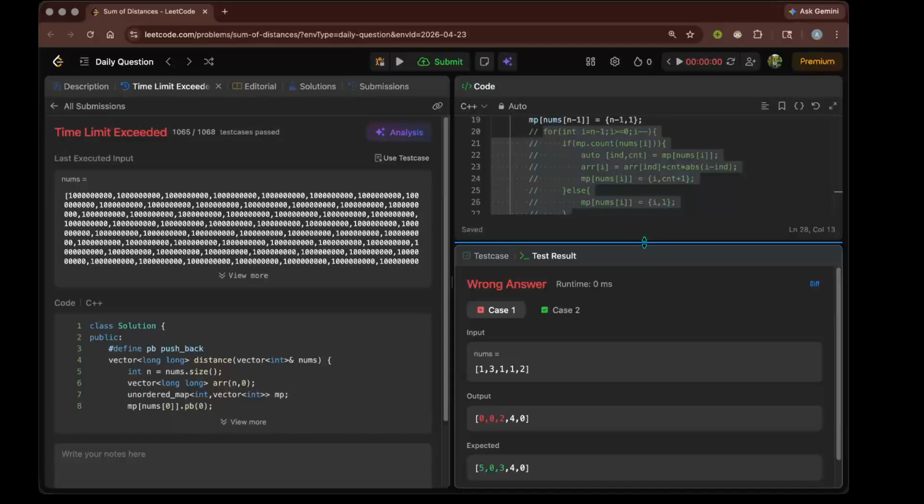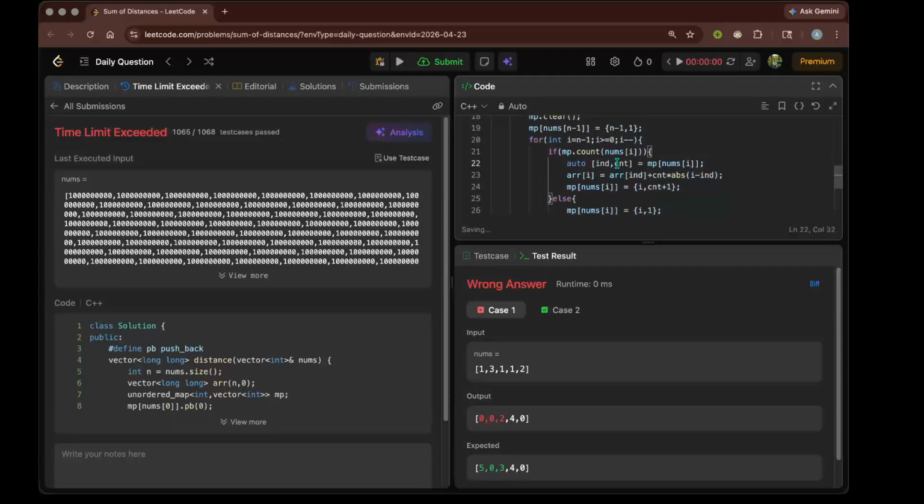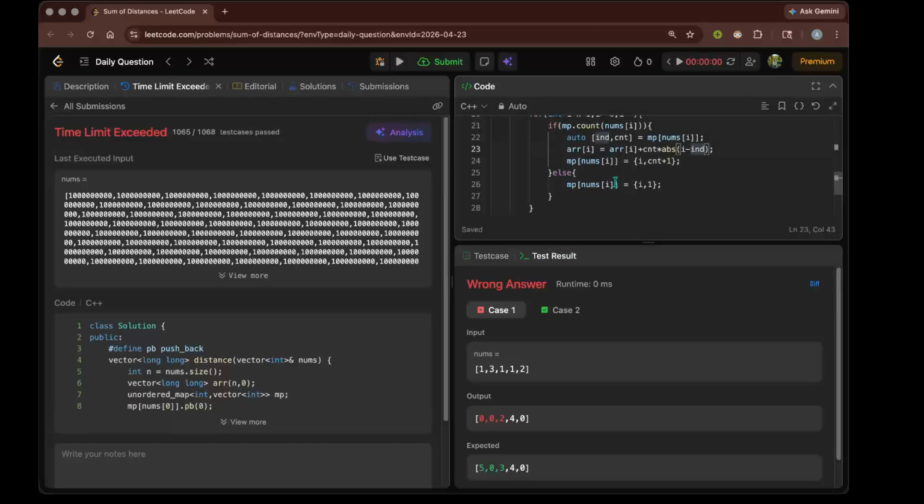For this index, what we should do is that we should add 2 plus 1. So it should be 2 plus 1, 1, 1.